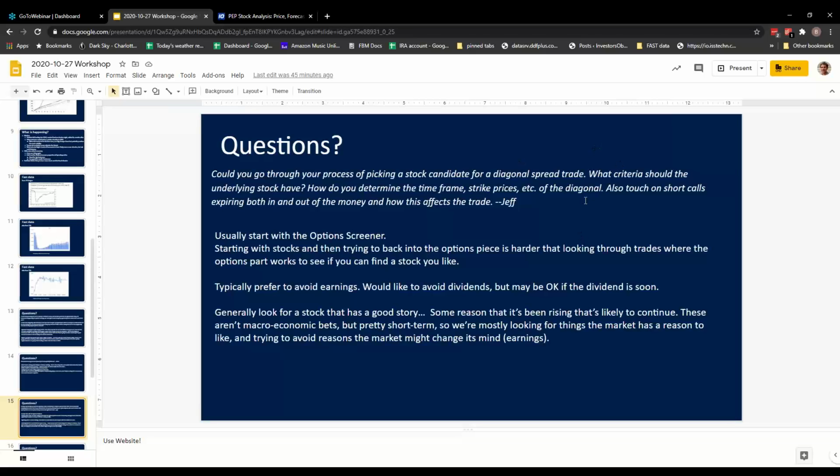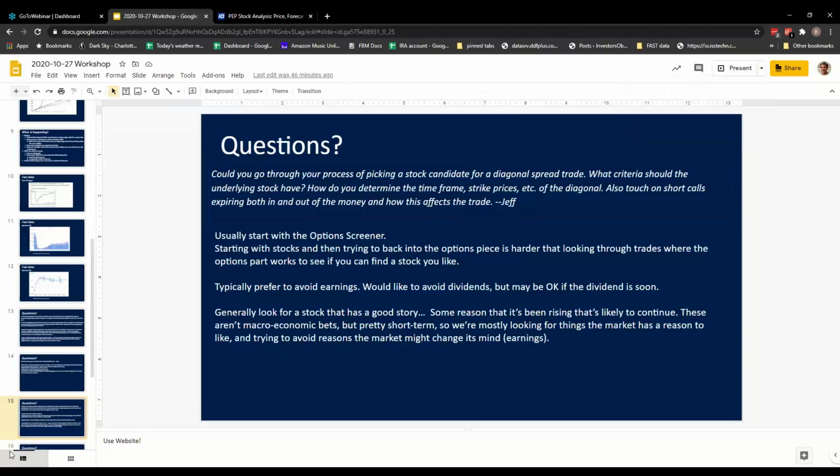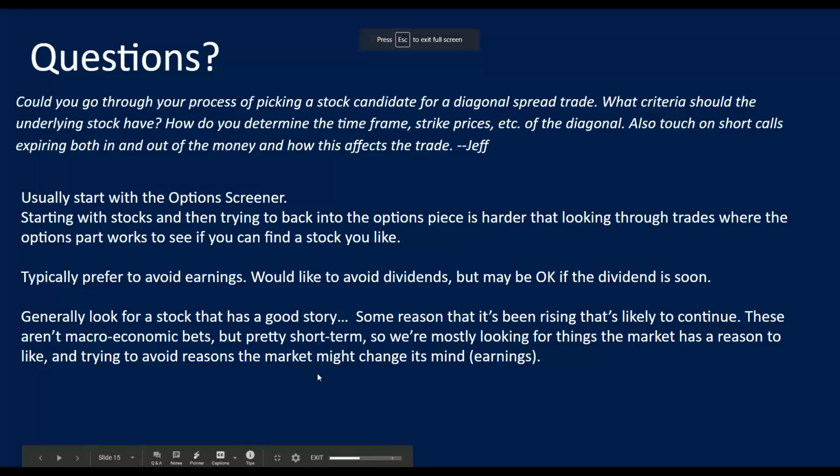And then, expiring in and out of the money. Typically with these we don't let them expire. With the diagonal spreads in particular, it's not a problem if it expires, but what happens is if your short call expires, you sell the stock, which you didn't actually own. So you have a short position.